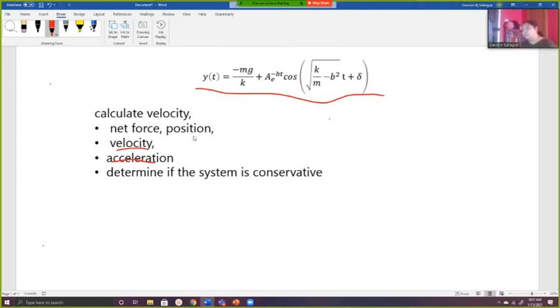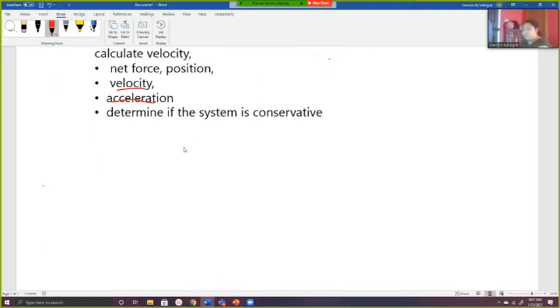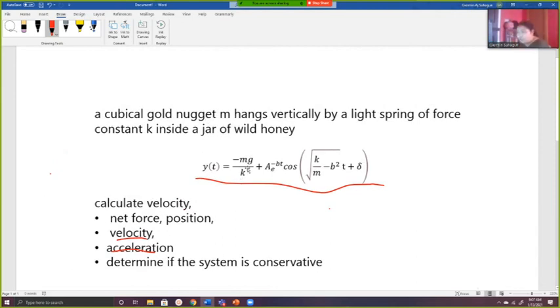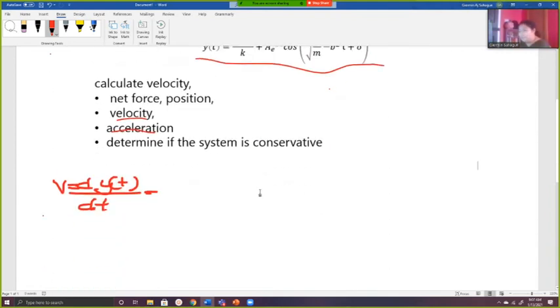So let's find v equals dy over dt, the velocity. So this is y of t over dt. This one will be 0 because there's no t. And this one we will use the chain rule to derive.